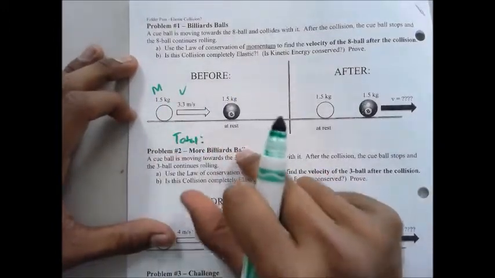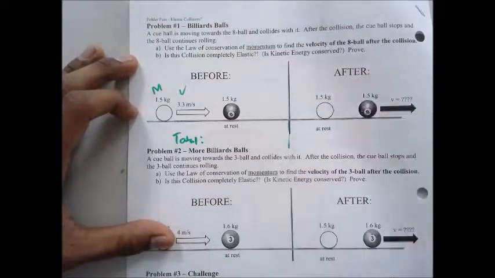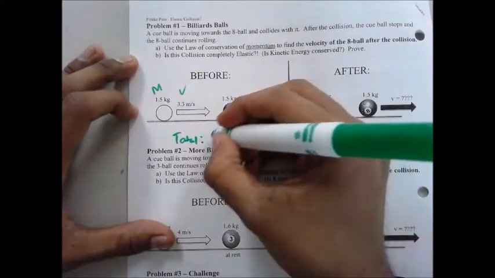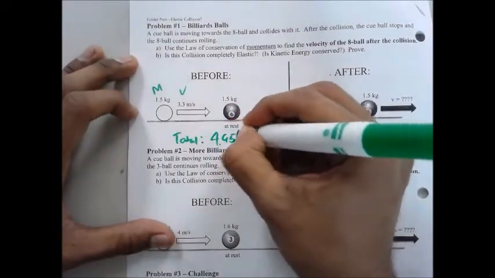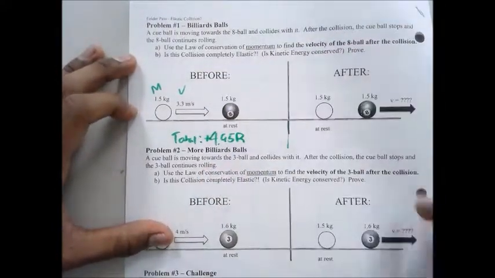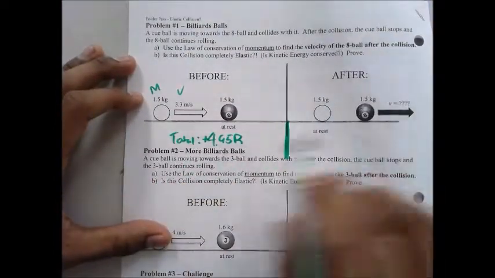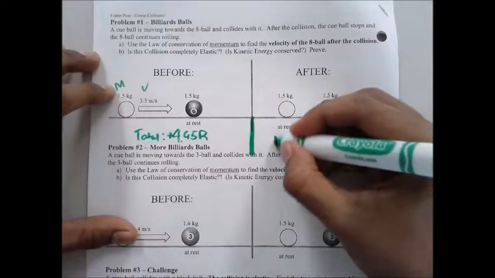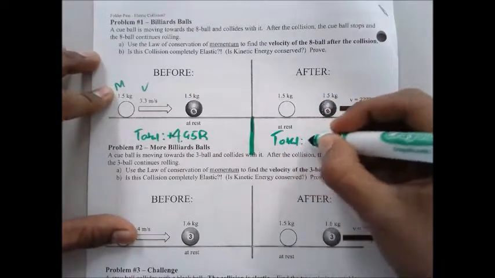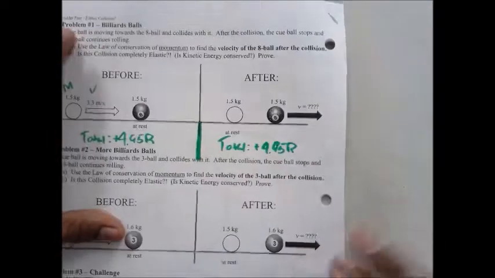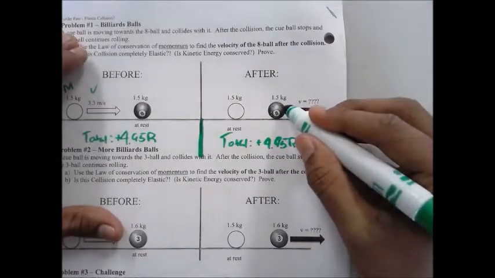So to find the total momentum on this side, we know that it has to be mass times velocity, 4.95, positive because it's to the right. Now in this case, the total has to be the same after as it is before, so the total here has to also be plus 4.95. You know, however, that this has the same exact mass.